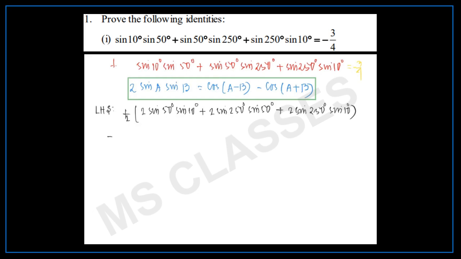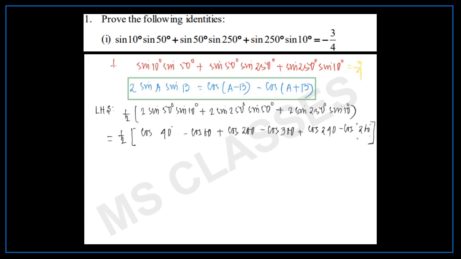Now we apply the formula: 2 sin A sin B is cos(A minus B) minus cos(A plus B). So cos(A minus B), 50 minus 10, is cos 40, minus cos 60, plus the same thing again: cos(A minus B) is cos 200, minus cos 300, plus the next one with the same formula, cos 240 minus cos 260.